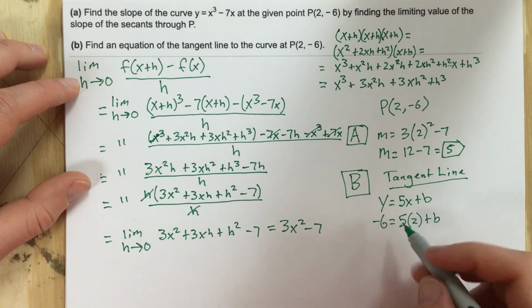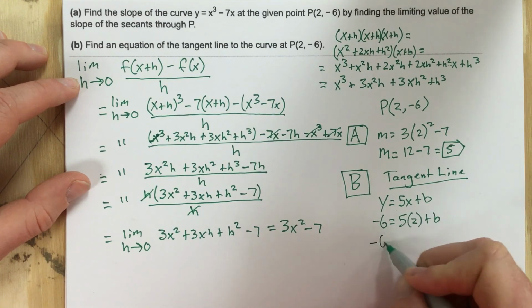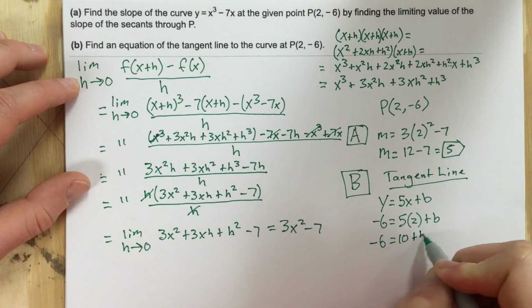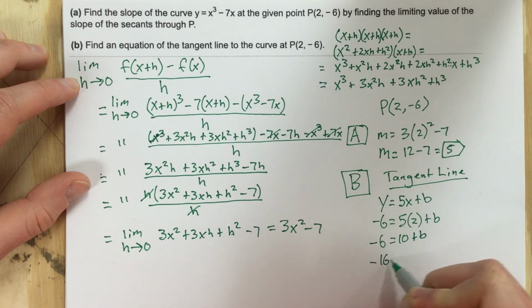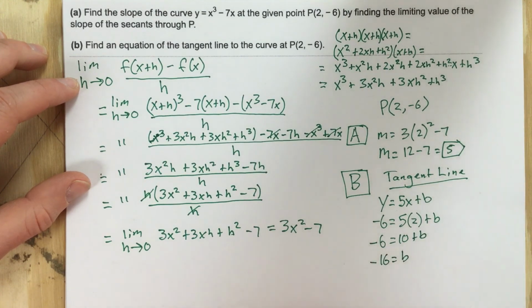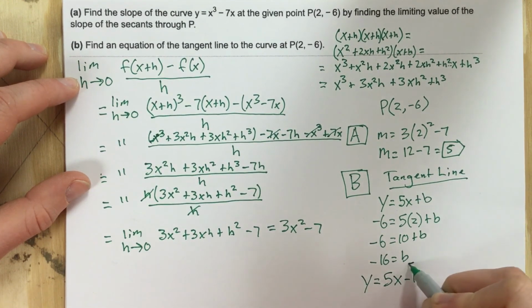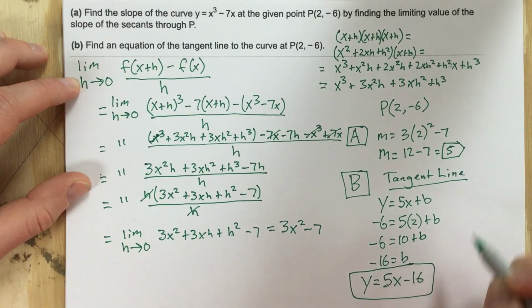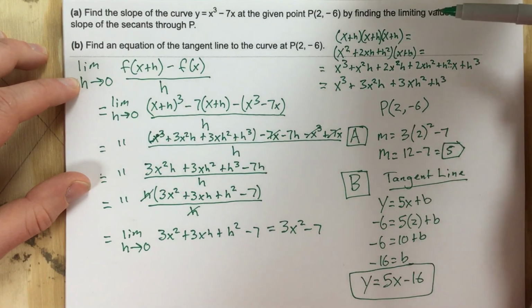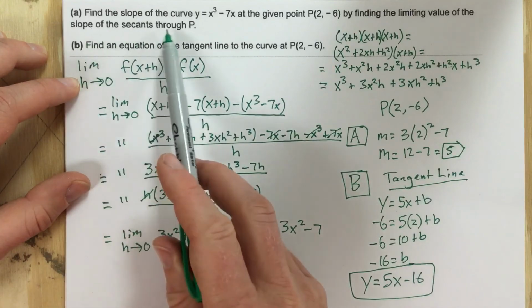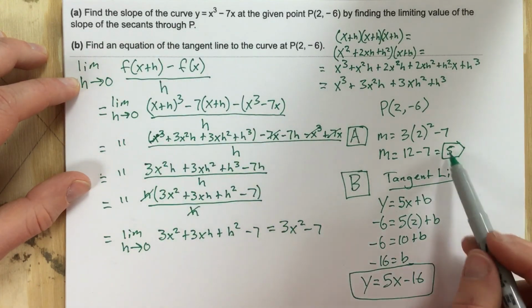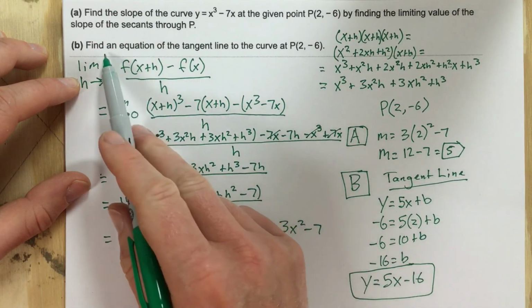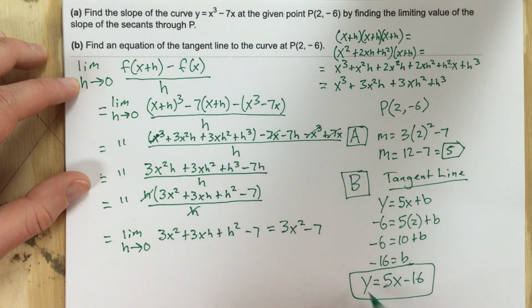I end up with 10, so negative 6 equals 10 plus b. When I subtract it over, I get negative 16 equals b. So the equation for the tangent line is y equals 5x minus 16. So the slope of the secant through P, that slope is going to be 5, and then the equation for the tangent line is y equals 5x minus 16. There it is.